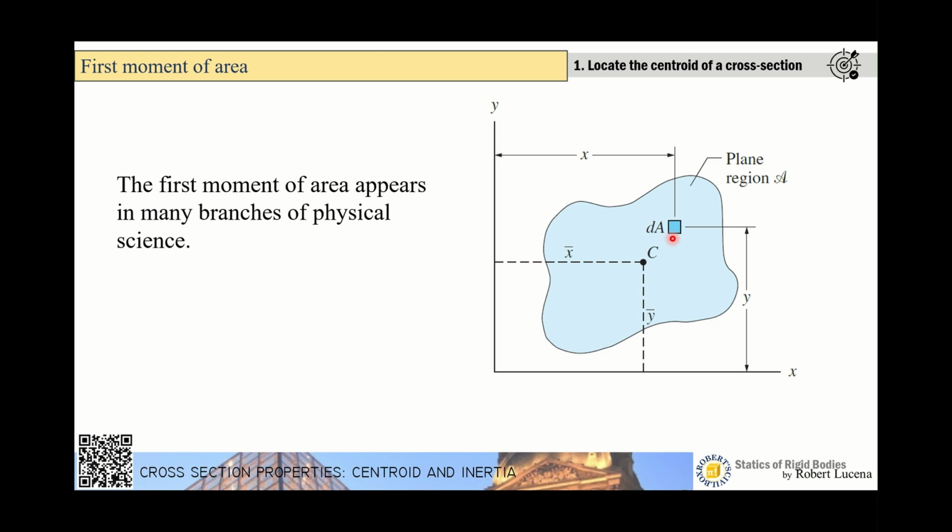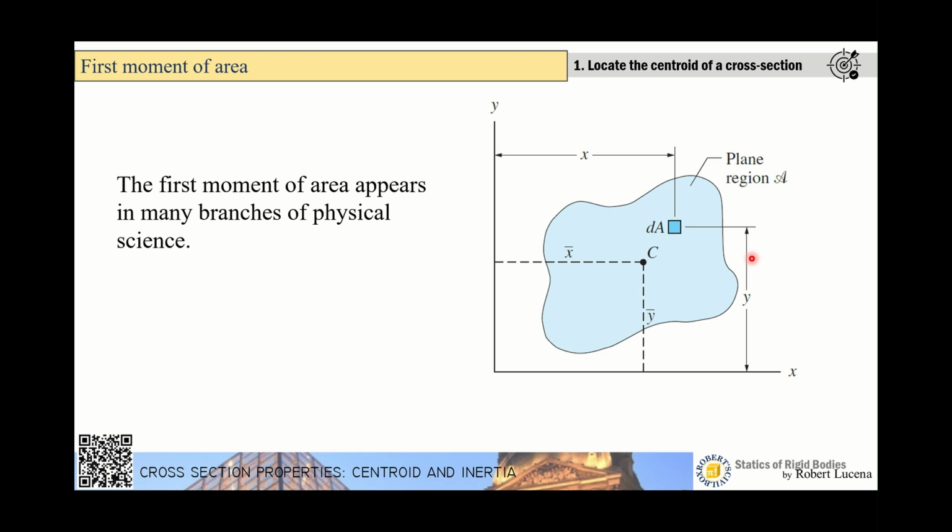Now in area, there is a term we call moment of area, wherein the moment of area is simply the area times distance from a reference axis. Considering differential area dA as shown in this figure, it has a moment of area about the y-axis, which is dA times x, and it also has a moment of area about the x-axis, dA times y, and we call that the first moment of area.